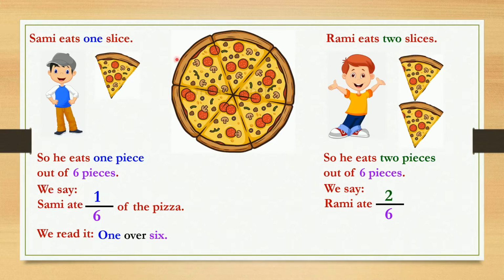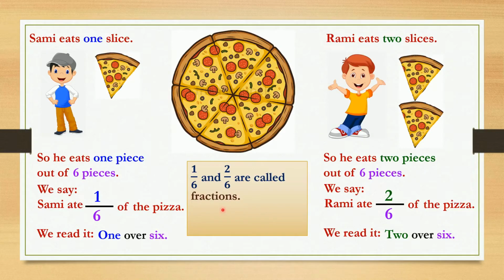Of what? 2 over 6 of the pizza. And we read it 2 over 6. Now 1 over 6 and 2 over 6 are new forms. They are a new form of numbers that we call fractions. So 1 over 6 and 2 over 6 are called fractions.